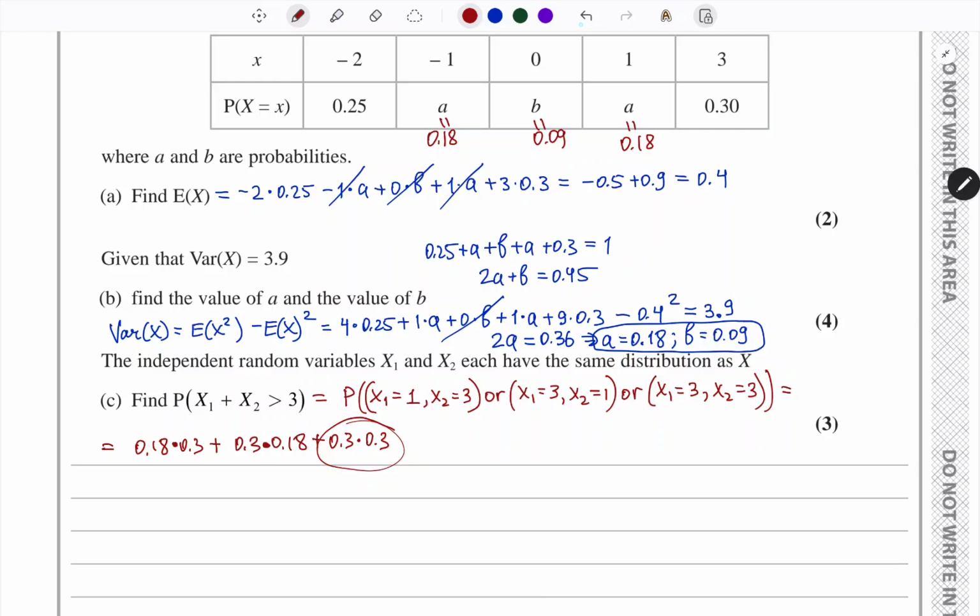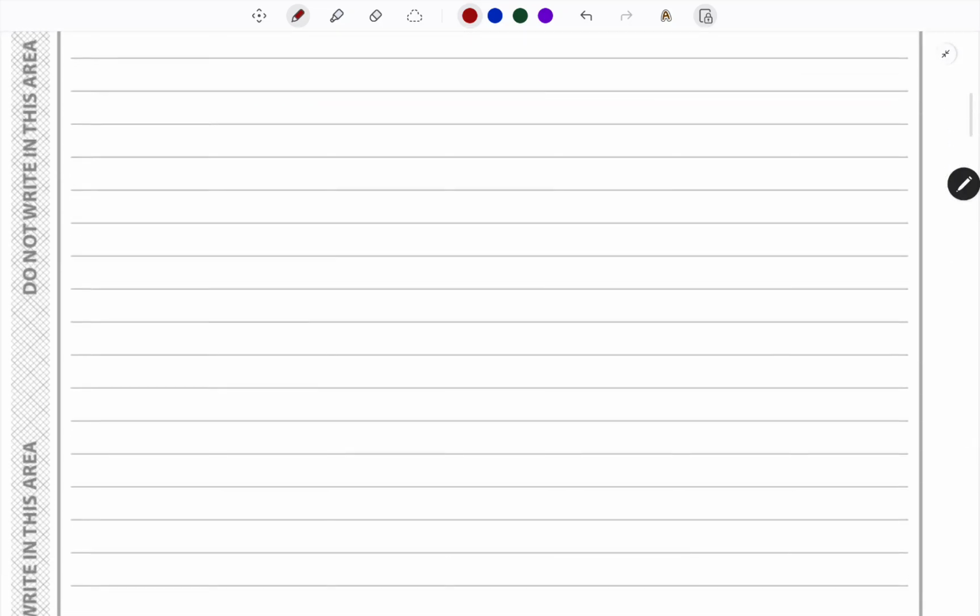So here I use the fact that x1 and x2 are independent. The fact that x1 is equal to 3 doesn't affect the fact that x2 is equal to 3, because they are independent. Okay, I use my calculator. It's 0.198. That's it. Okay, so we move on.